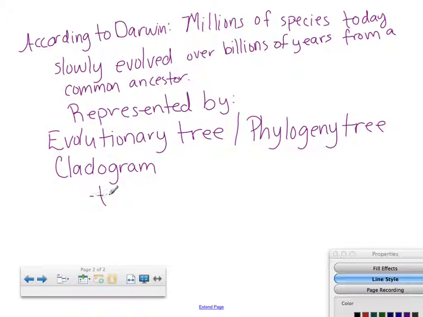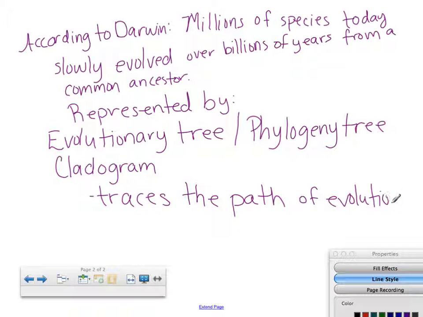And what this does is it traces the path of evolution and the relatedness of species.